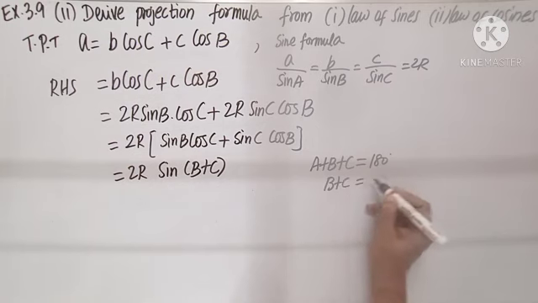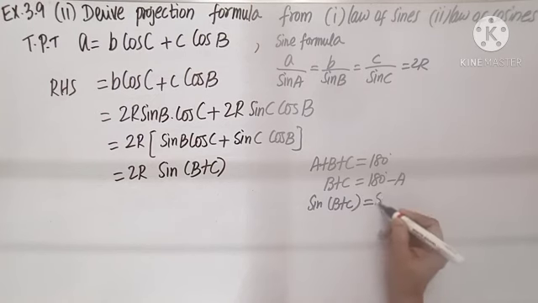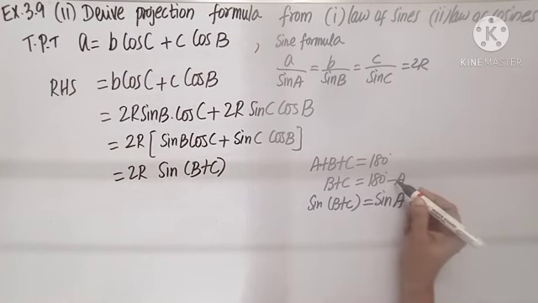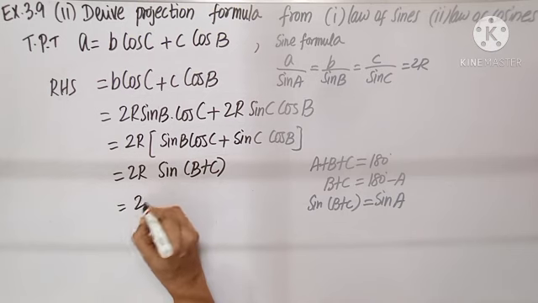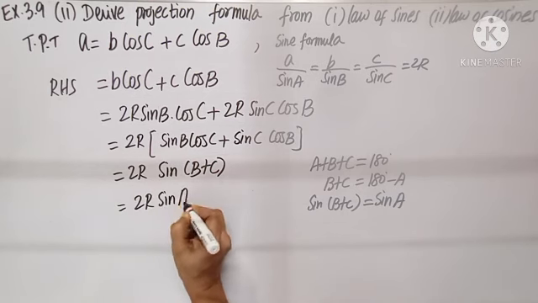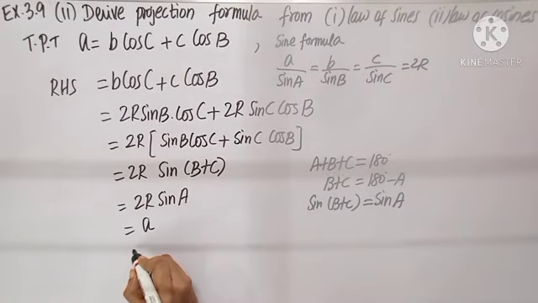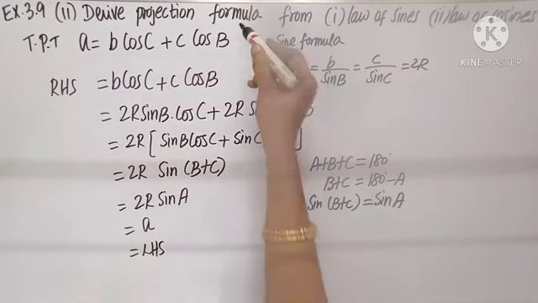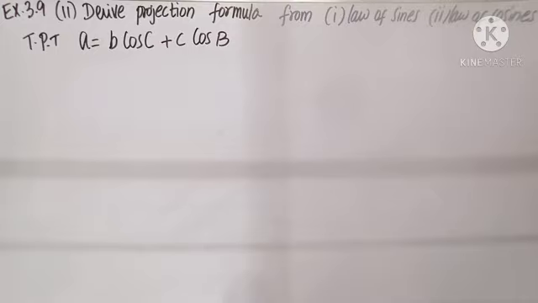B plus C can be written as 180 minus A. Taking sine on both sides, 180 comes, no change. Second quadrant, sign positive. So remember, we used to write this. Whenever sin (B plus C) comes, I can very well write it as sin A. And 2R sin A is nothing but a, which is the LHS. So we have derived the projection formula using the law of sines.